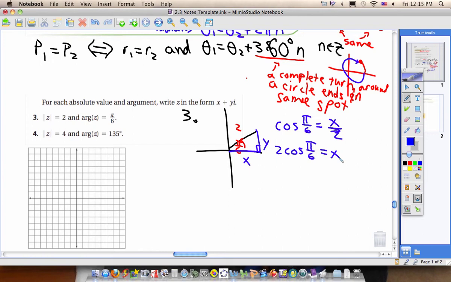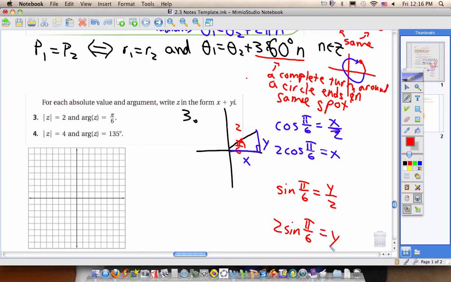What would we use for the y coordinate? What about the y coordinate now? Sine. So that's the idea. We're just using our trig stuff. Sine pi over 6 equals y over 2. 2 times the sine pi over 6 equals y.